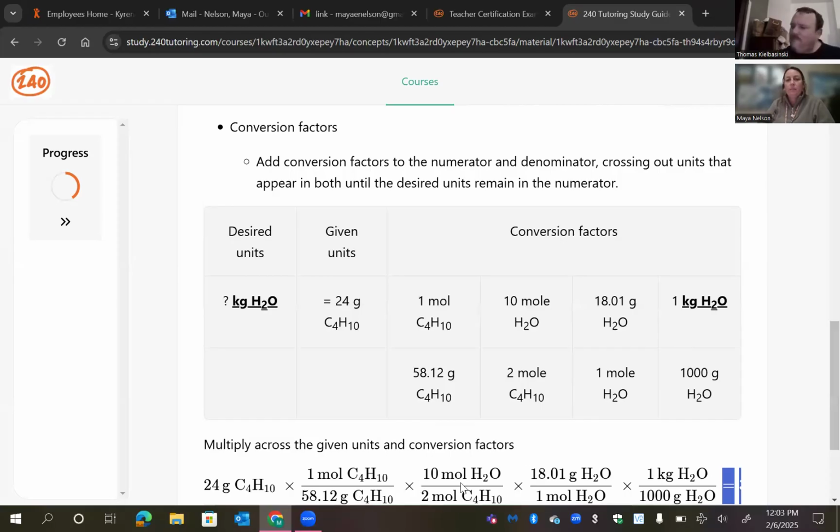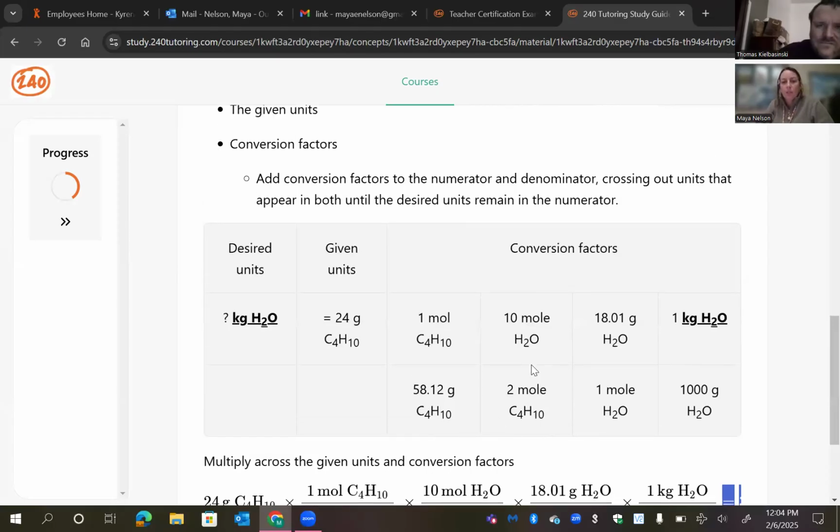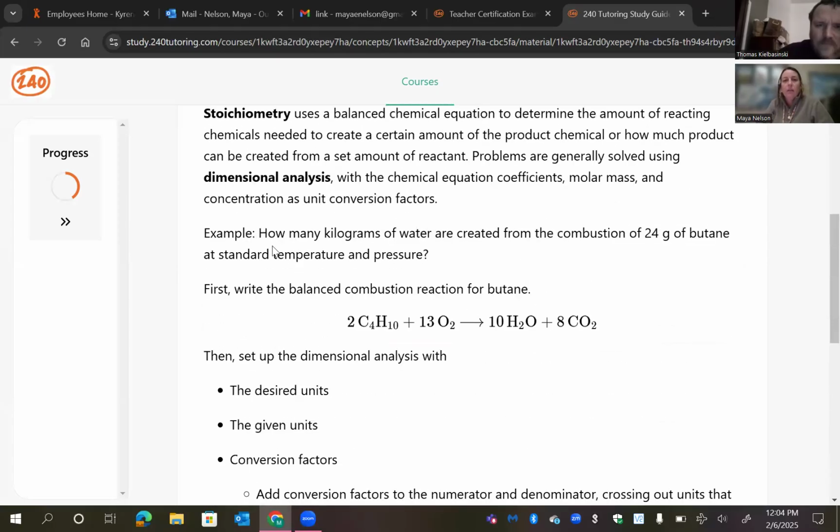Are these the given units? Are these not given units? Is that what we're trying to figure out? Because it's wanting us to figure out how much water, right? How many kilograms of water are created.